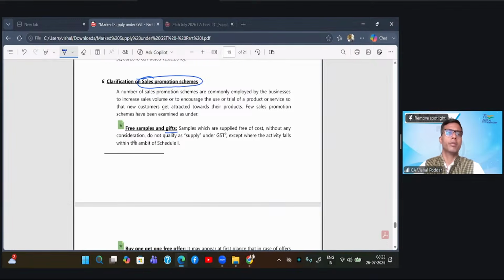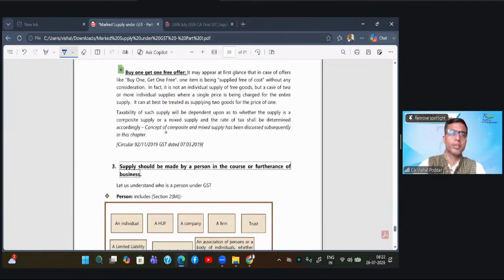Now, when it is given to you as a gift, we just saw that if any business asset is given free or it is permanently disposed of, even though it is given free, it will be treated as a supply. Now, the question is whether this gift is a supply.